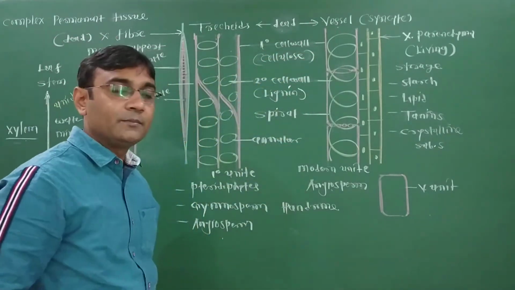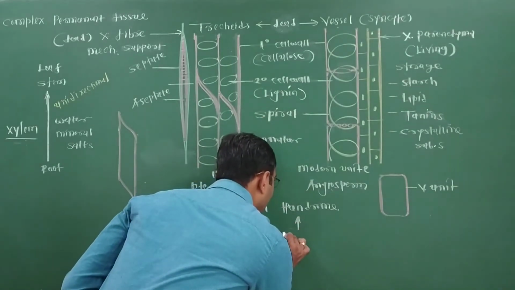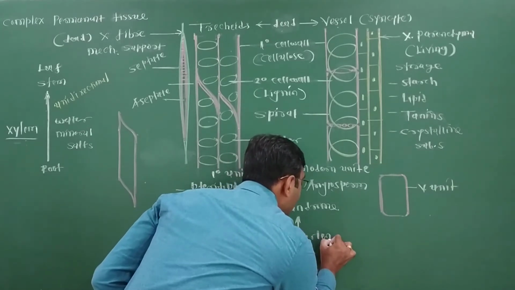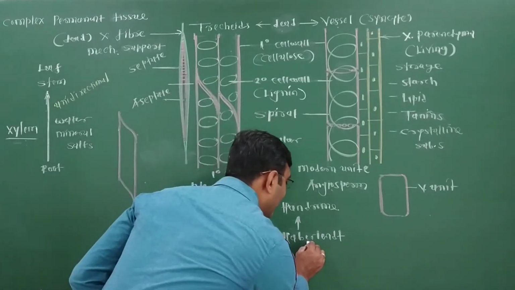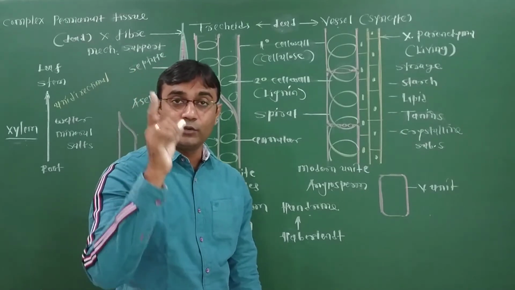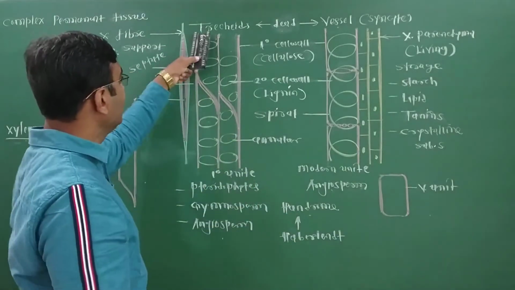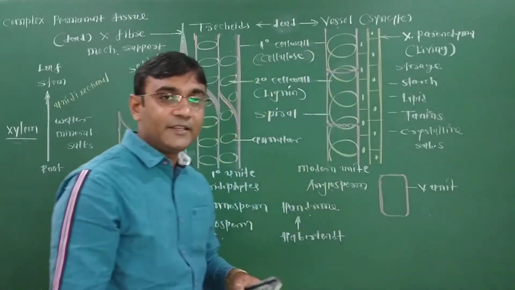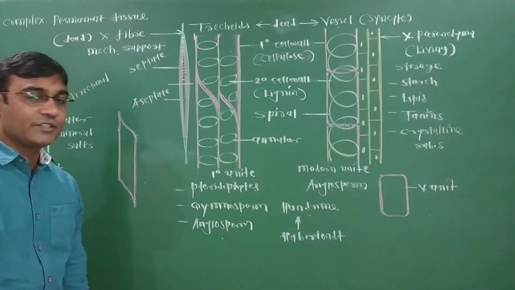This word hadrome was given by one of the botanists, Haberlandt. Scientist Haberlandt explained hadrome as the conducting unit of xylem, meaning tracheids and vessel. Vessel is a dead syncytE, whereas tracheid is a unicellular structure.